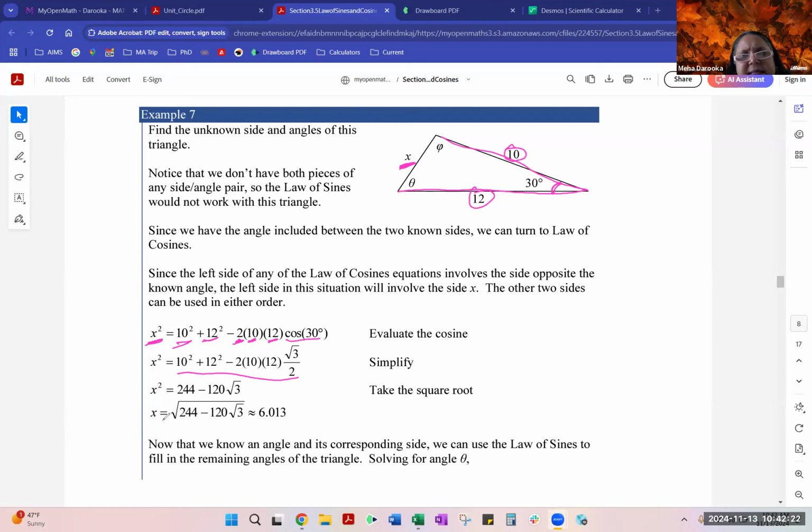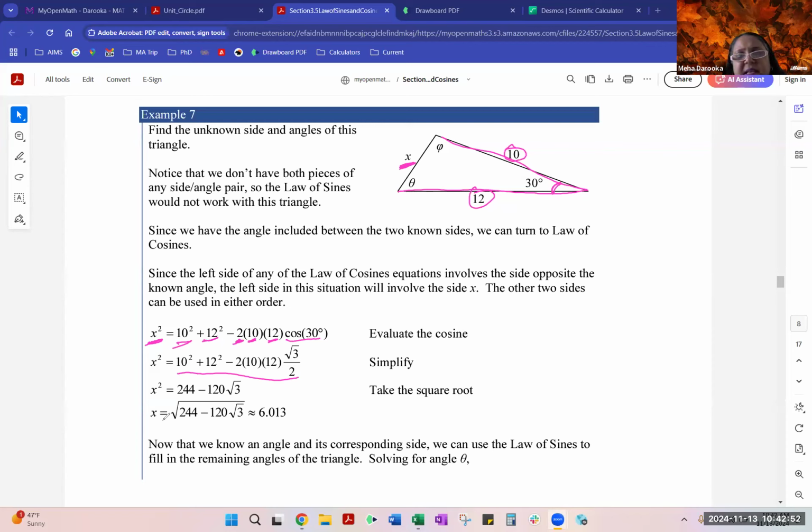Okay, Musab is asking me a question here. Musab wanted to know if the negative 2 times side A, side B times cosine of gamma could be positive or negative.